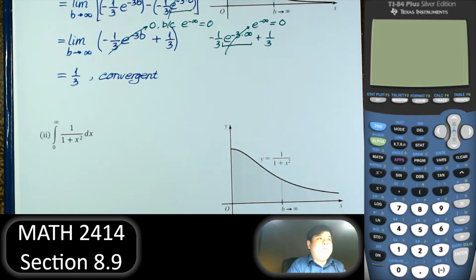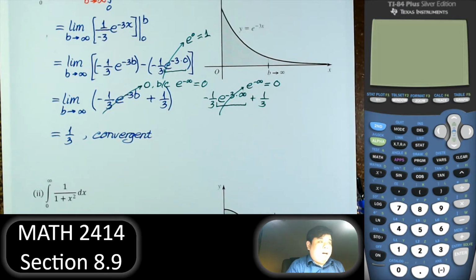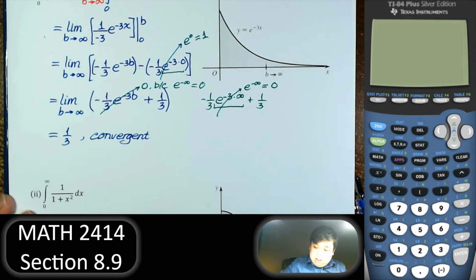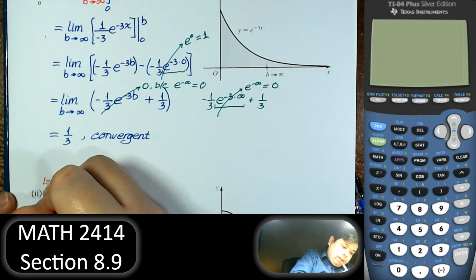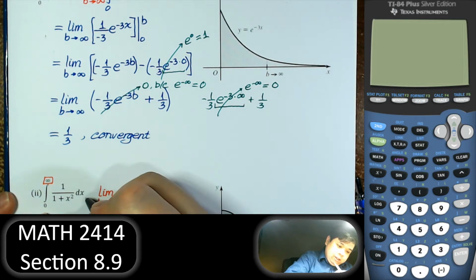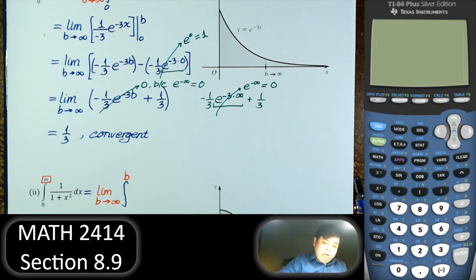Okay. Simple enough, right? Now, we'll take a look at this one. First thing we do, of course, replace the limit infinity with b, and let b goes to infinity.